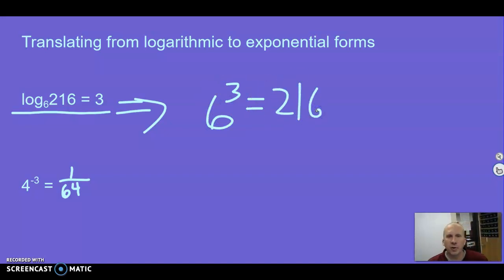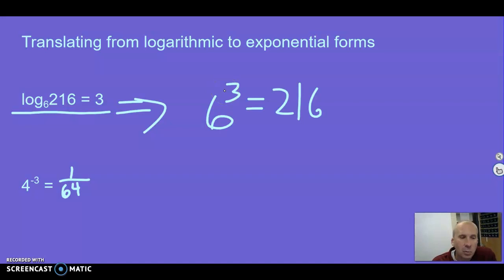So this is what we call translating from logarithmic form into exponential form. We understand what log means. Log asks the question, to what power? So if the answer is 3, then the power has to be 3. Because we said 6 to what power? Well, 6 to the third power, because your answer was 3.